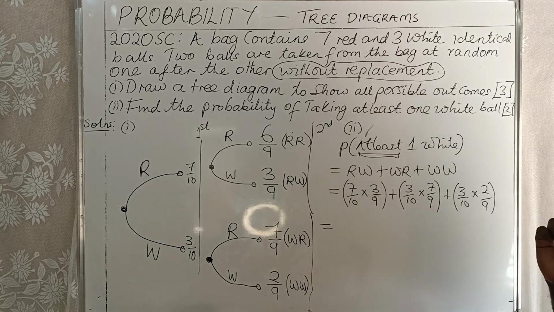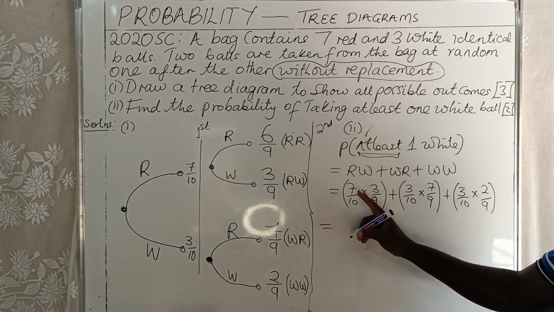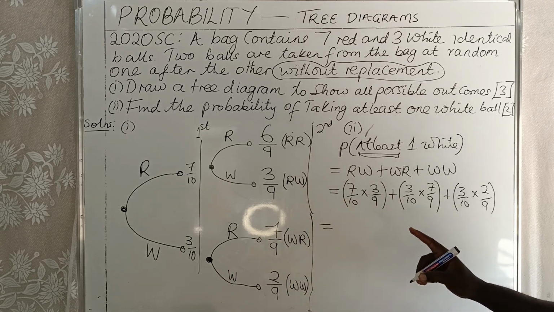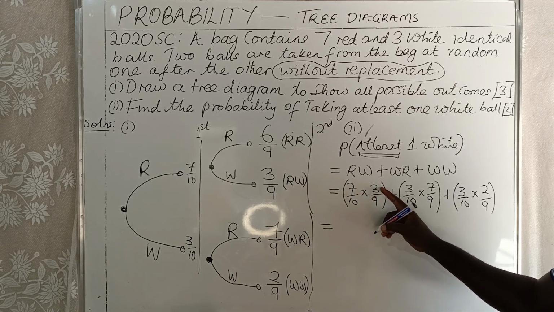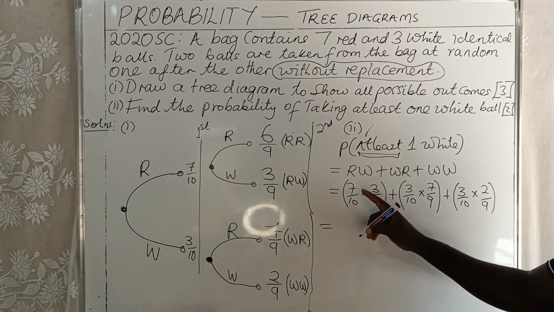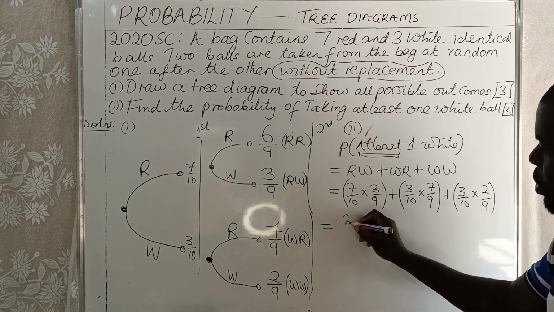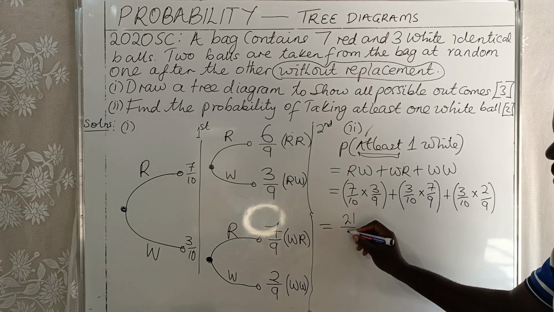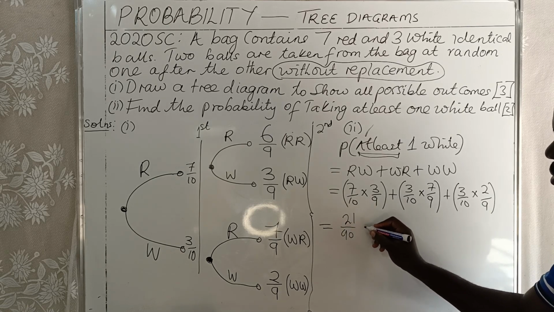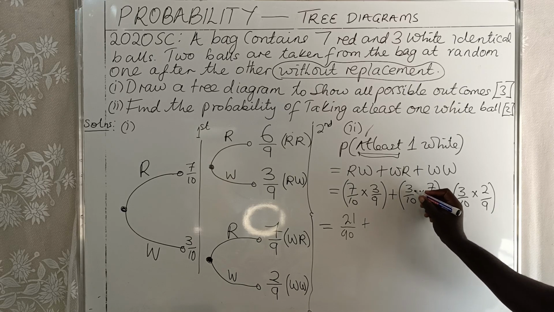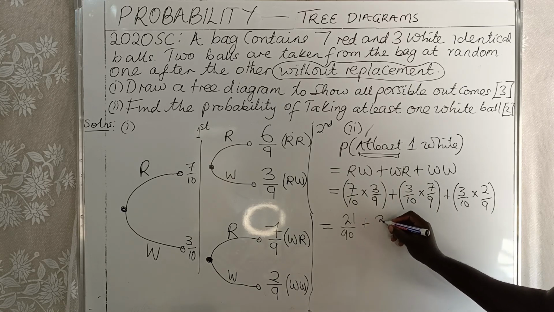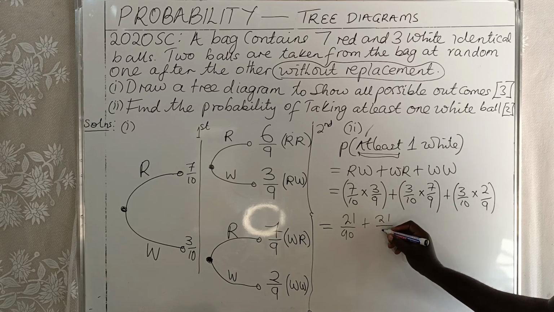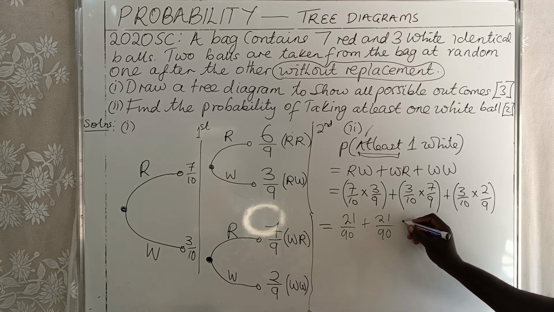So now, multiplying, we are going to say 7 by 3. We know how fractions are multiplied. We multiply the numerators. 7 by 3 we get 21, out of 10 by 9 we get 90. Plus 3 by 7 again 21, out of 10 by 9 we get 90.